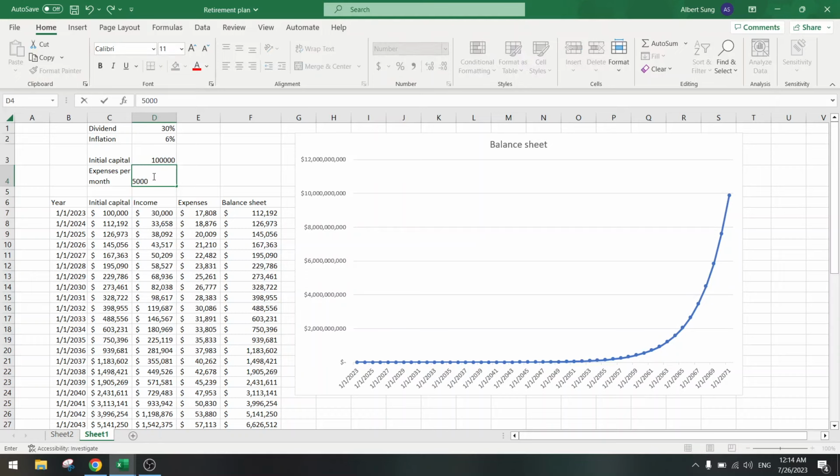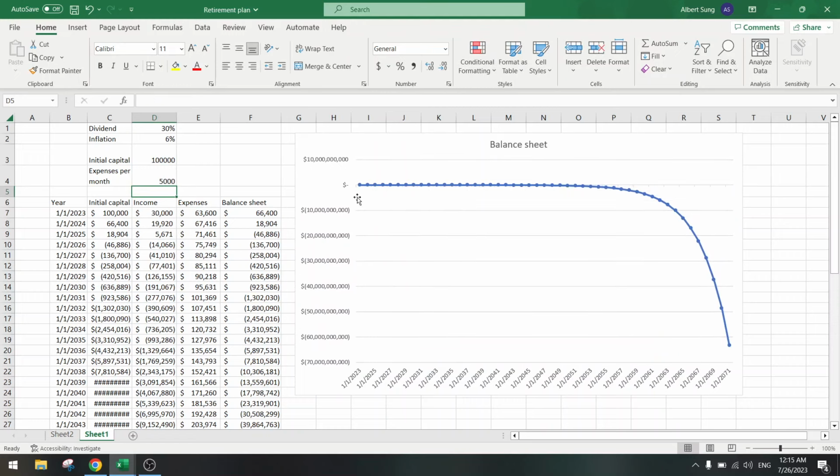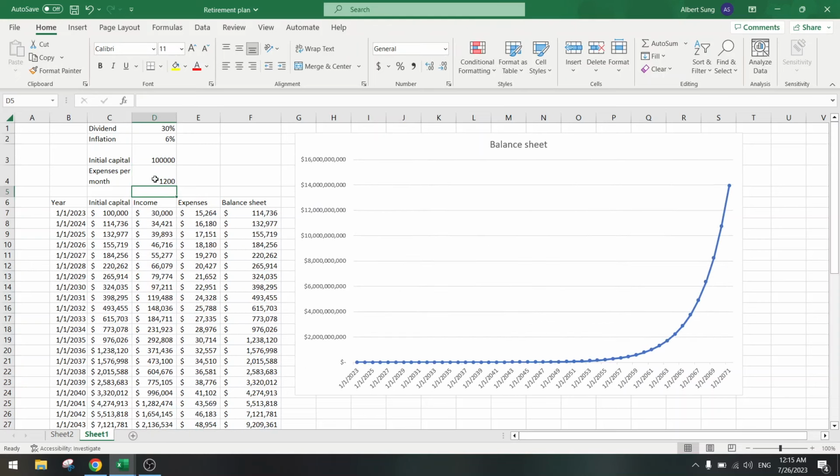Let's say my expenses go to 5,000, then this is not going to work. 5,000 is too high, even for a 30% dividend. So you need to make sure that your expenses are not too high. And you can easily calculate this with this Excel sheet.